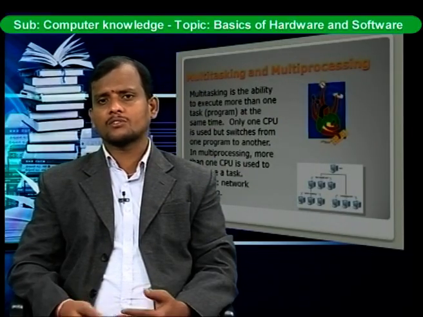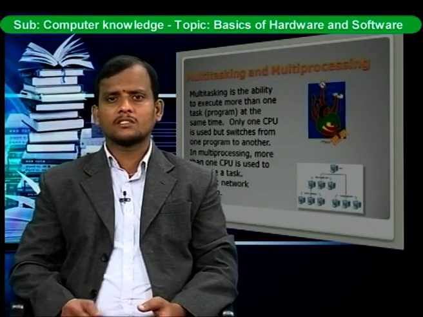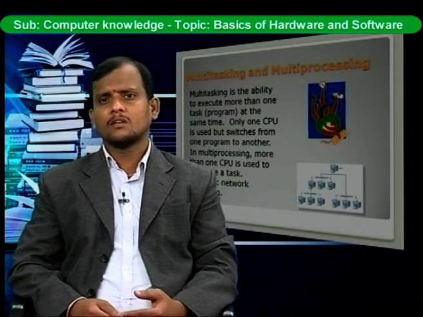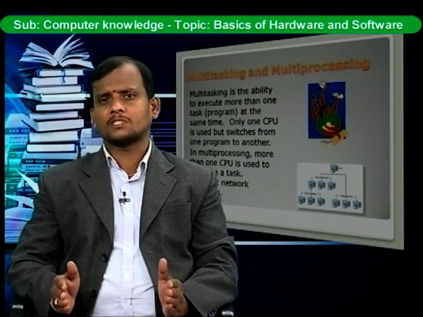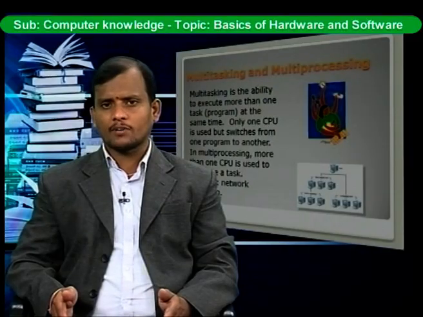If the computer is executing more than one task, that is called multitasking. Only one CPU is used, switching from one program to another. So here in multitasking, there is one CPU which takes multiple instructions or multiple executions at a given point of time.